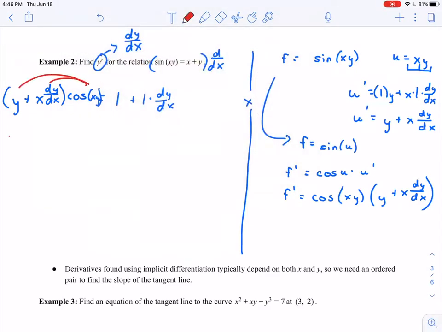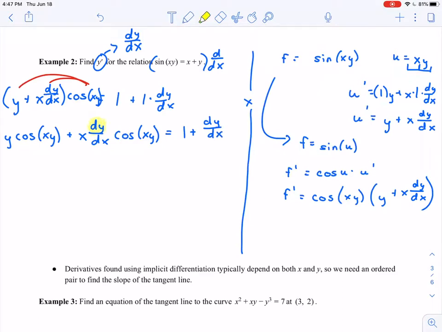So I'll have y times cosine of xy plus x dy over dx cosine of xy equals, on the right-hand side, I'm not going to do anything over there. I'm just going to say that's 1 plus dy over dx.